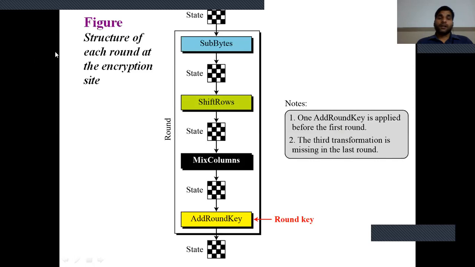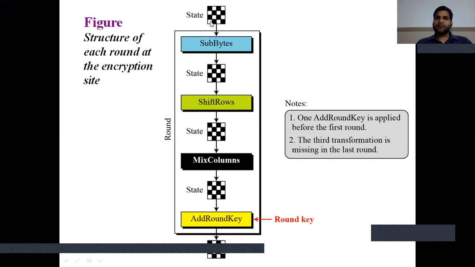So the AES structure of each round on the encryption side is like that: the state is a 4 by 4 matrix, and we perform sub byte on each element of the state, along with the addition of the key.